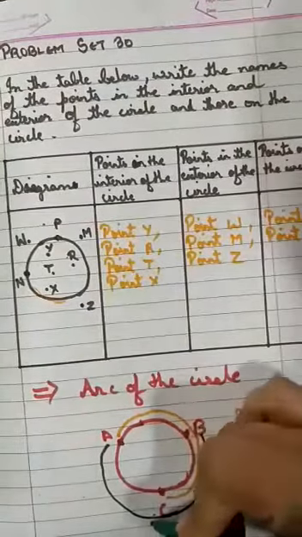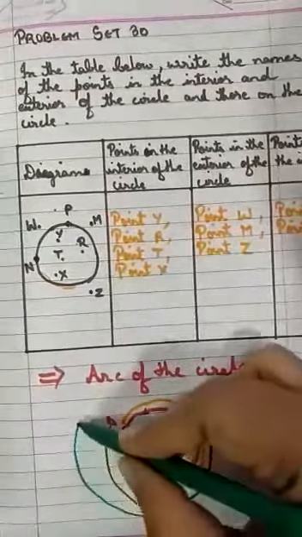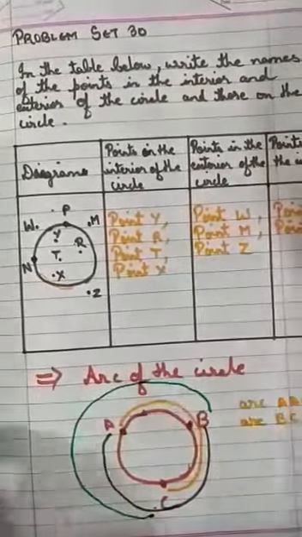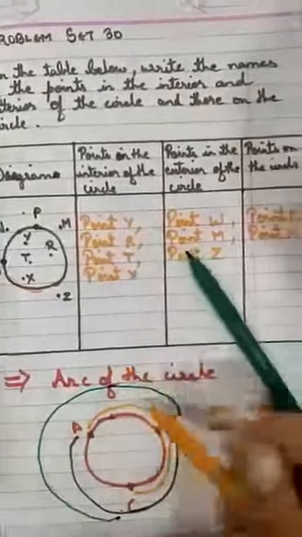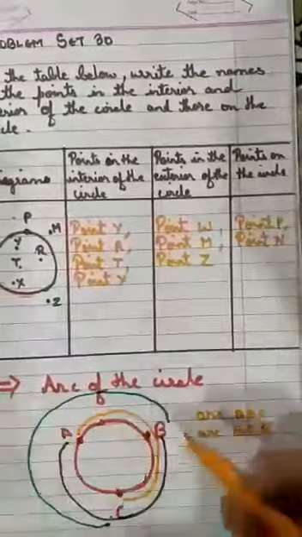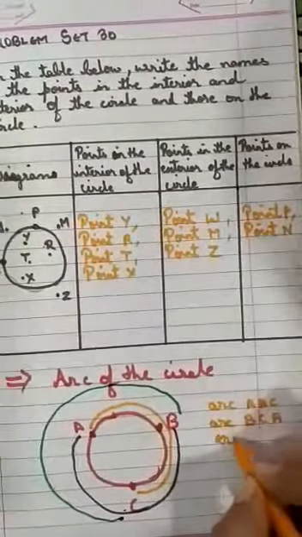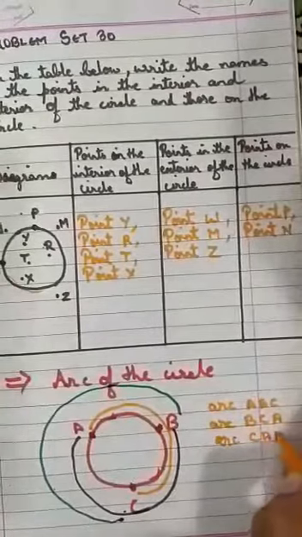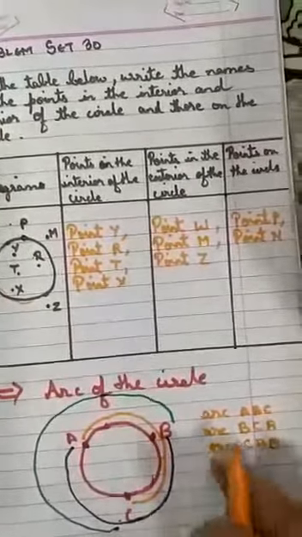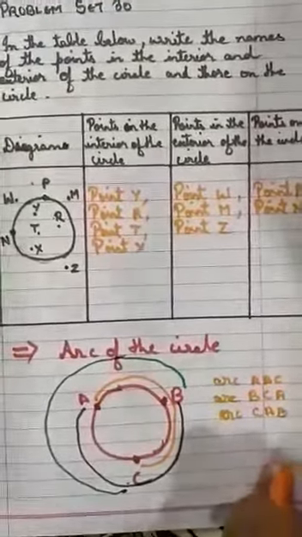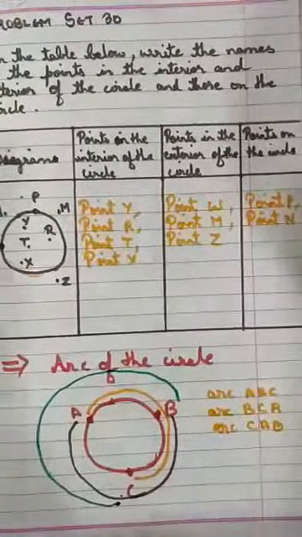For example, we will take it from C, CAB. So we will write here arc CAB. So this is known as the arcs. Understood? Arc of the circle.